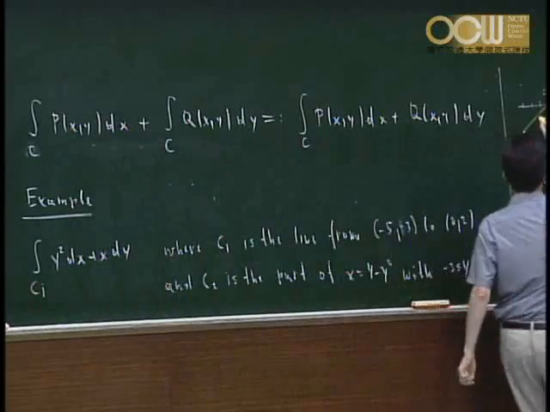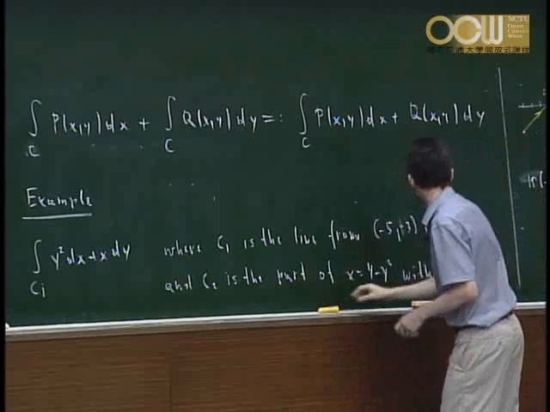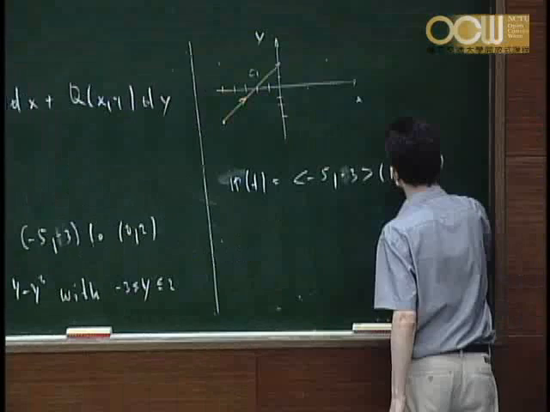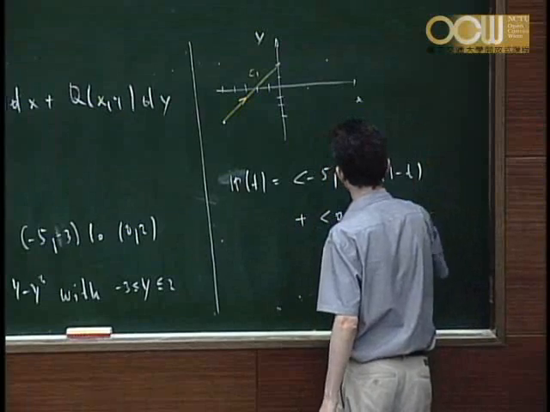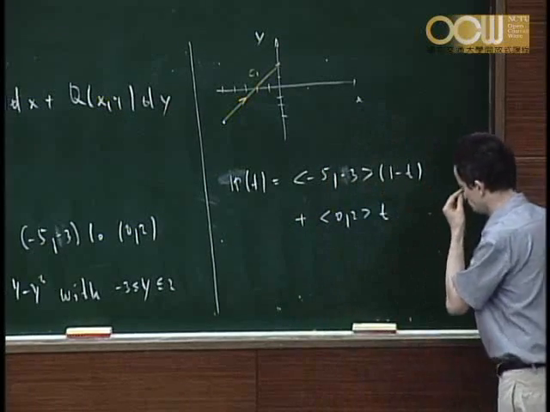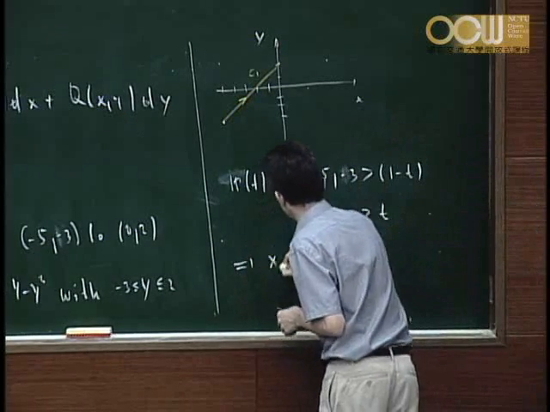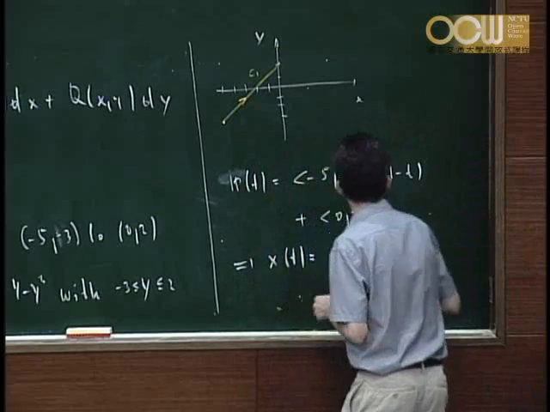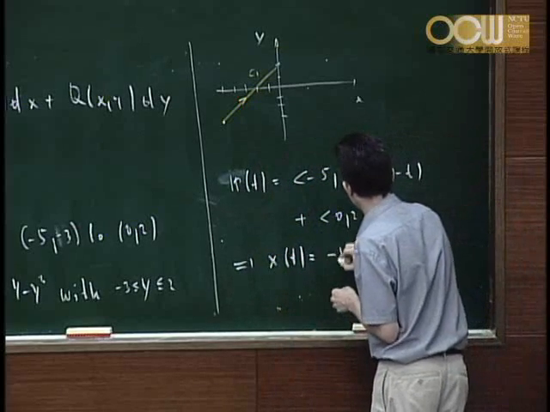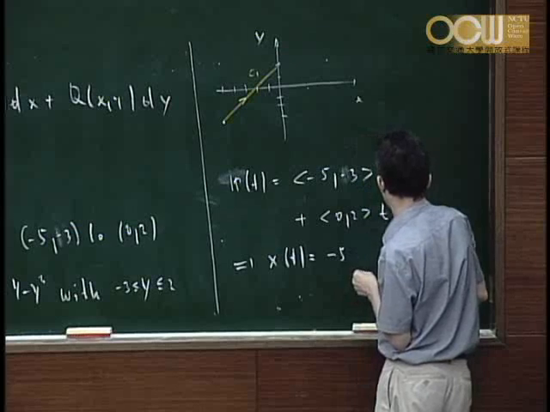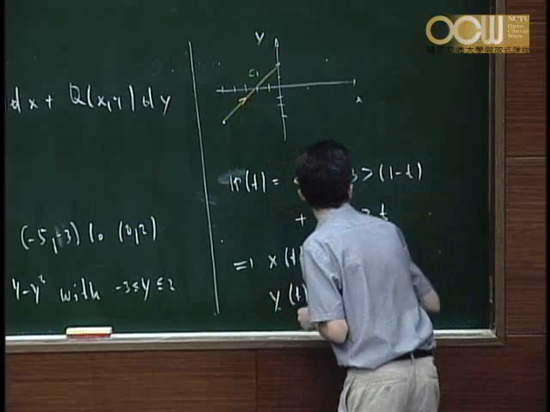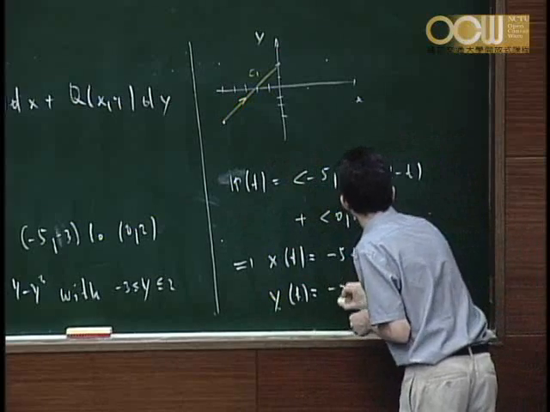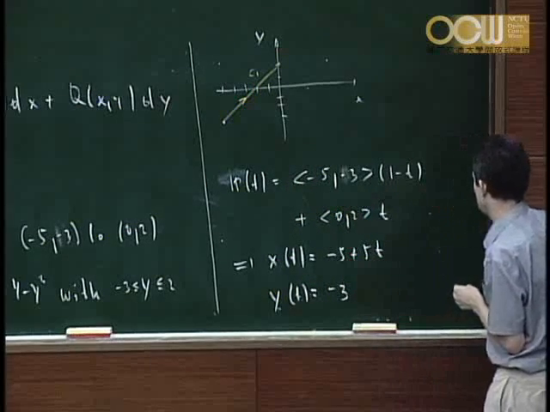So we have (1 minus t) times (-5, -3), plus t times (0, 2). This means that x(t) is minus 5 plus 5t, and y(t) is minus 3 plus 5t.